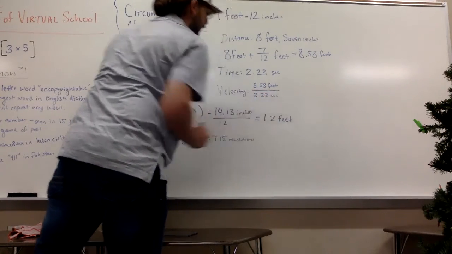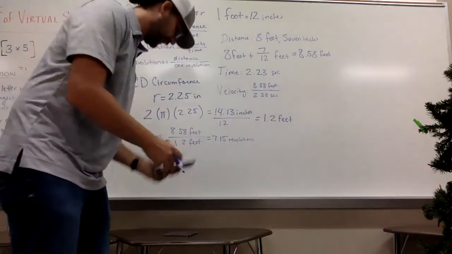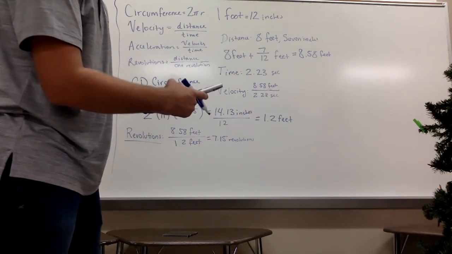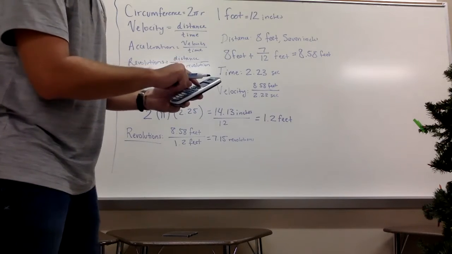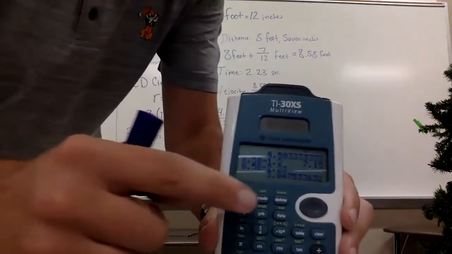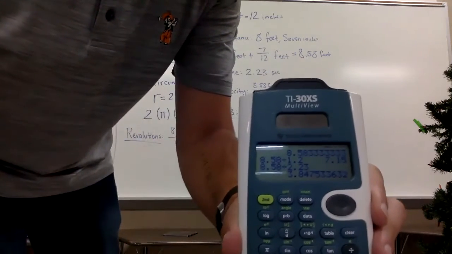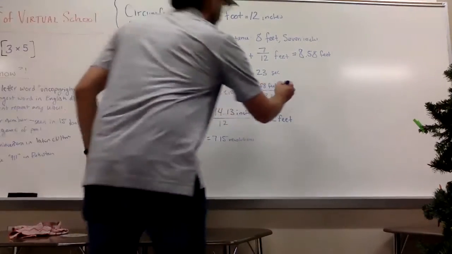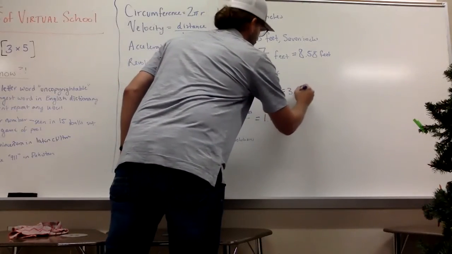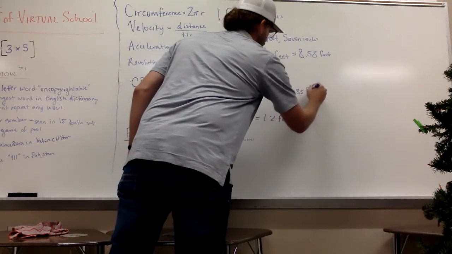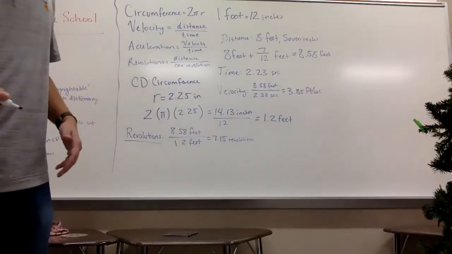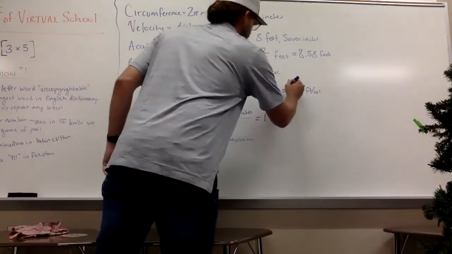If I put 8.58 divided by 2.23 into the calculator, I get that I was traveling 3.85 feet per second, to 2 decimal places. That's velocity.